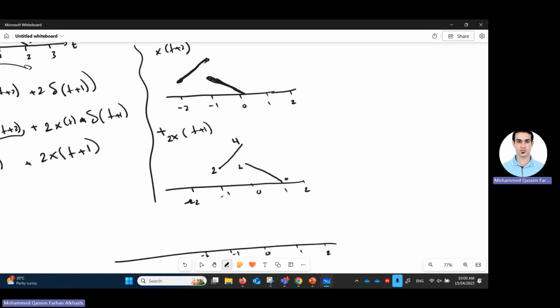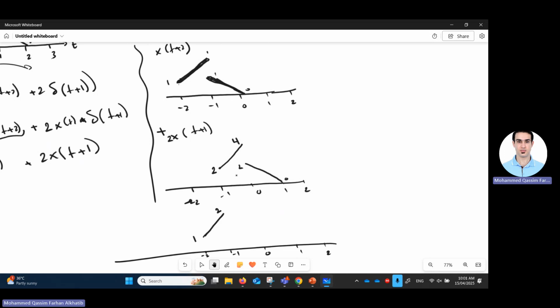So basically, I'm getting this segment because there's no similarities with this one. So here, that's going to be 1 to 2. 2, 1, 0. All right, at negative 1, what will be the value? I have 2. And I have this discontinuity here.